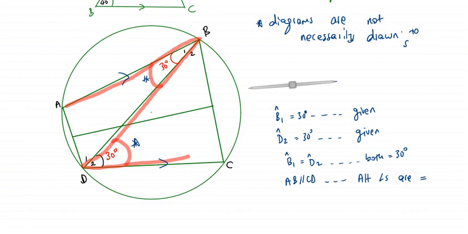This instruction is because they want you to understand that you can't take a protractor and start measuring, because the diagrams are not drawn to scale. But at the same time, it means that you shouldn't assume those lines are not parallel.